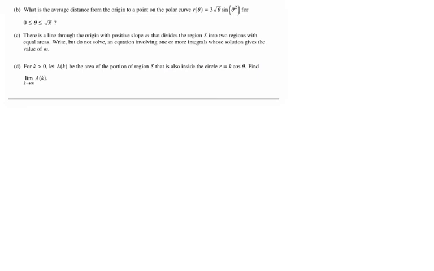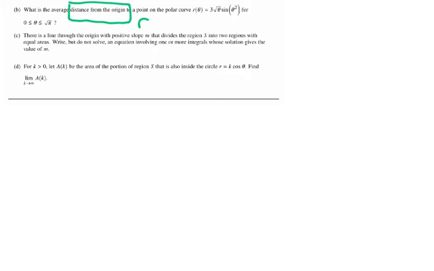Part B, what is the average distance from the origin to a point on the curve as you go along that curve? It's the same interval, okay? Now, distance from the origin is the definition of what r is. R is measuring the distance of where you are on the curve as you go radially in a circle as theta is increasing, right?